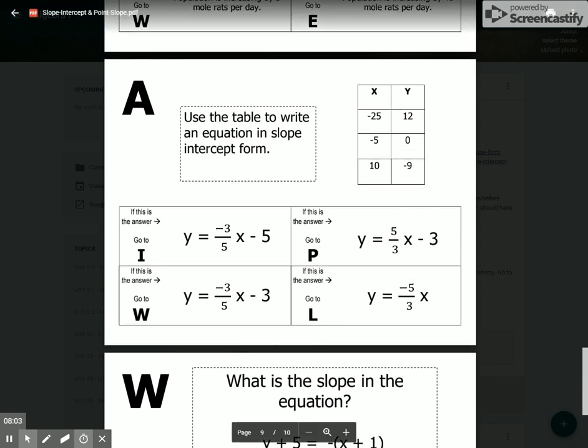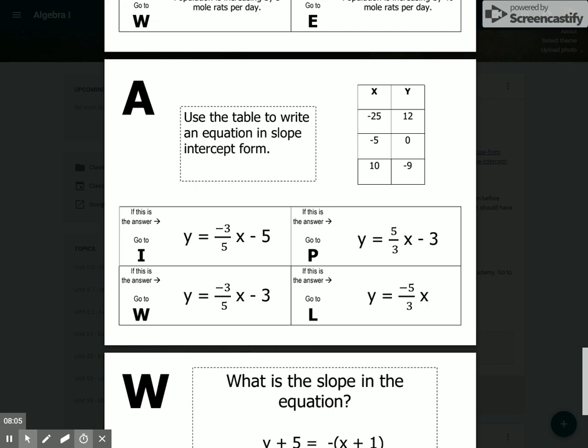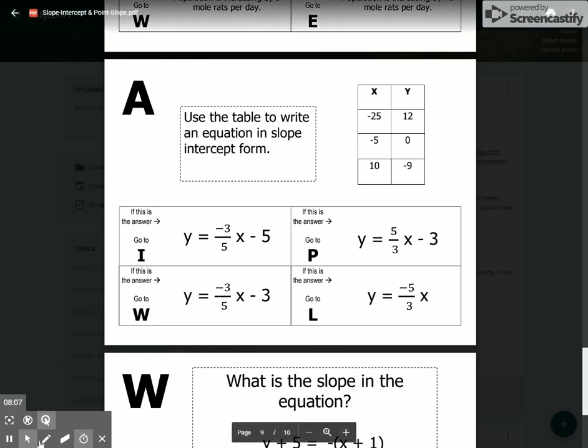Next, use the table to write an equation in slope-intercept form. Remember that slope-intercept form is y equals the slope, which is your delta y over your delta x. You can get that by looking at how these values are changing between each other, and then putting that delta y over delta x.